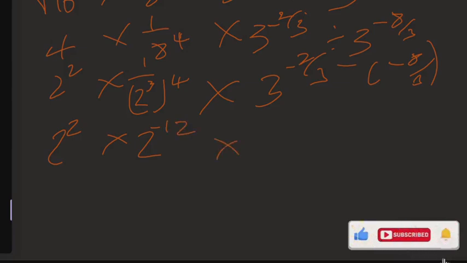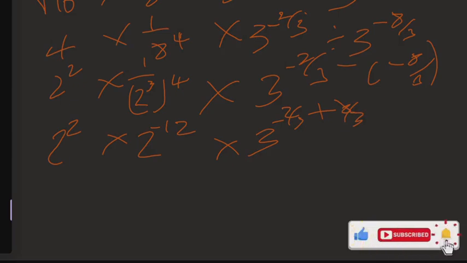So this gives us 12. Now multiplied by 3 raised to the power of minus 2 over 3, minus times minus, outside of the bracket times inside of the bracket, gives us plus 8 over 3.